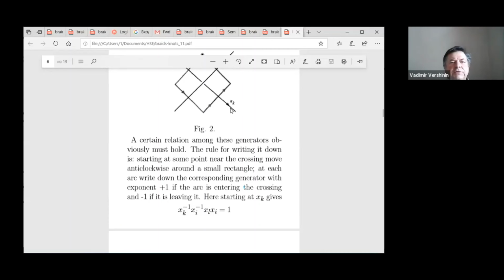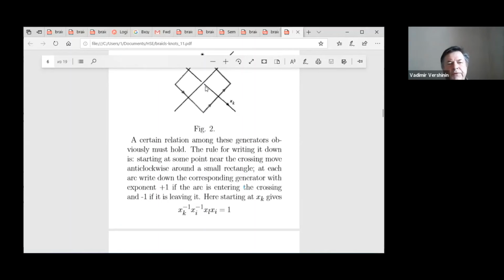Because everything is cyclic, you can start at any point, but usually people start with the arc that goes first from the crossing point.